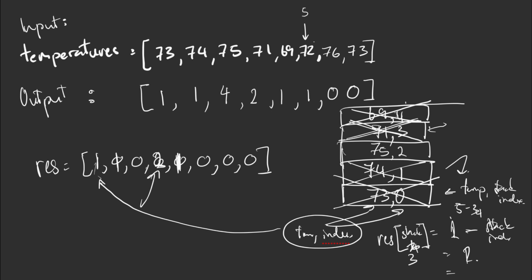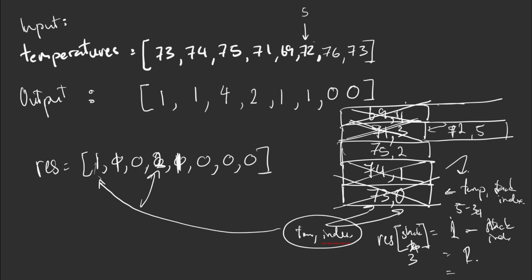All right, so here we see now that 72 is smaller than 75, so we just append 72 on top of 75 with the index number 5.